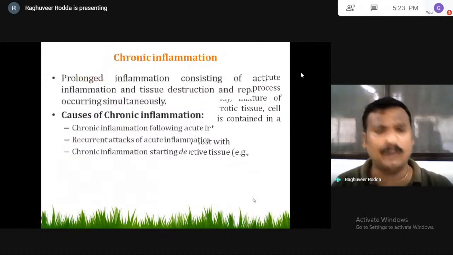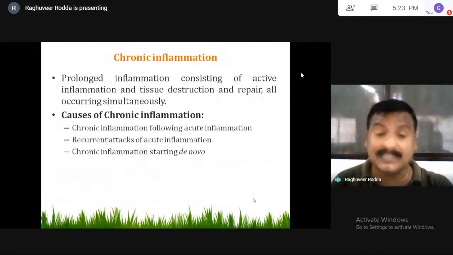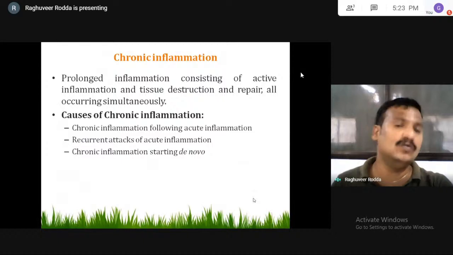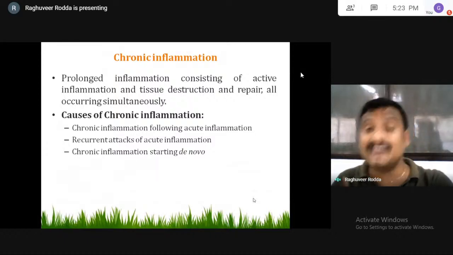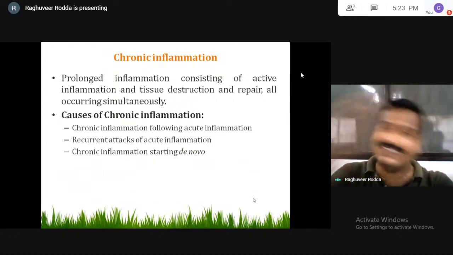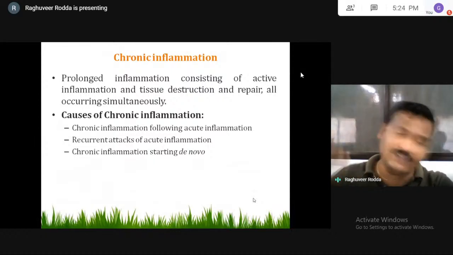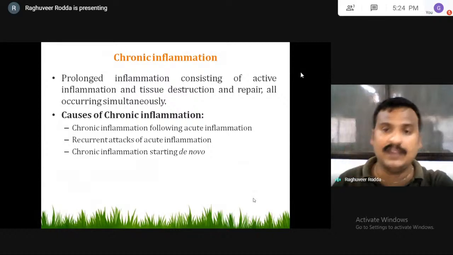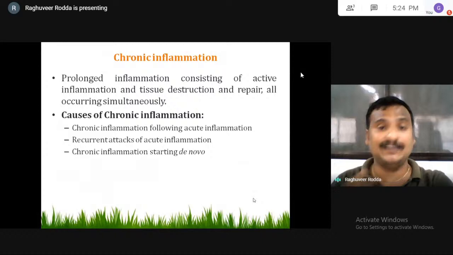So, chronic inflammation. Whenever acute inflammations are not enough to overcome the stress conditions, there may be a recurrent acute type of inflammation. There may be initiation of new steps for the recovery, removal, or repair.